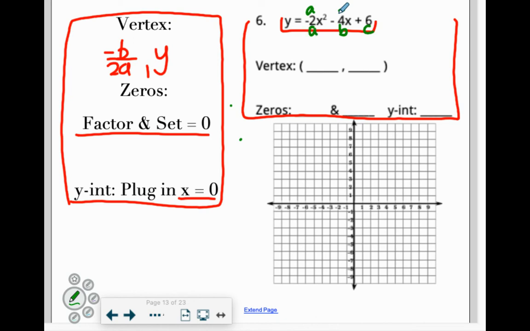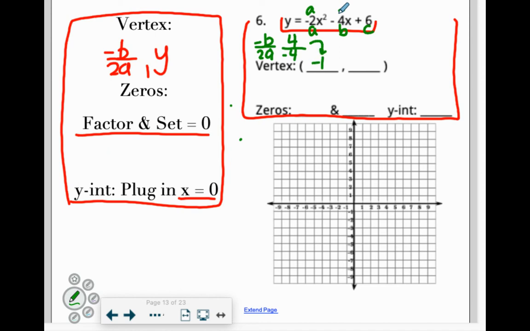So for negative b over 2a, b is negative 4. So negative 4 is positive 4. A is negative 2. 2 times negative 2 is negative 4. And that divides to be negative 1.